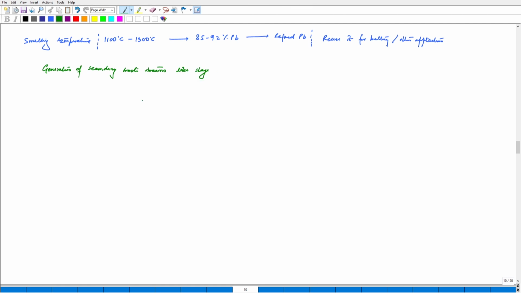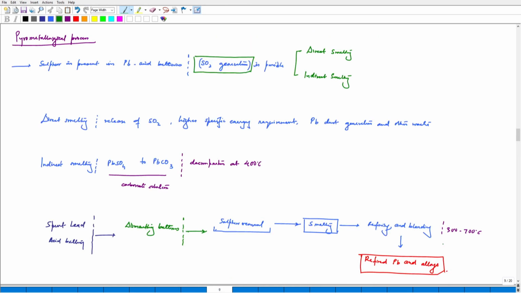So it is almost inevitable to note that we have a pyrometallurgical process and we are just concentrated on a product that is lead and its alloy. This is really a way of ignoring these byproducts. So byproducts are obviously going to come into the picture.